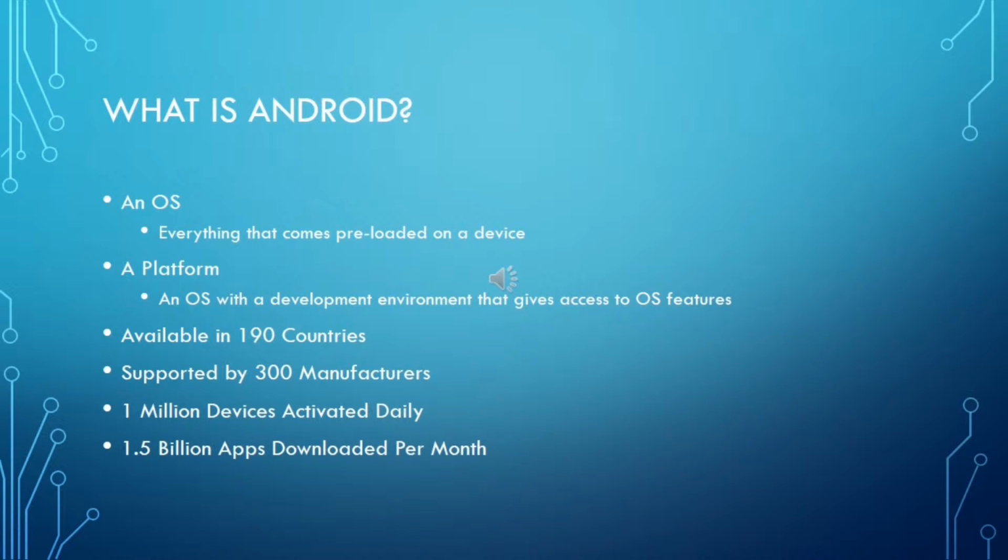Now, Android's a really big deal because it's available in 190 countries, supported by 300 manufacturers. There are 1 million devices activated daily, just Android devices. And there are 1.5 billion Android apps downloaded every month. Big deal.